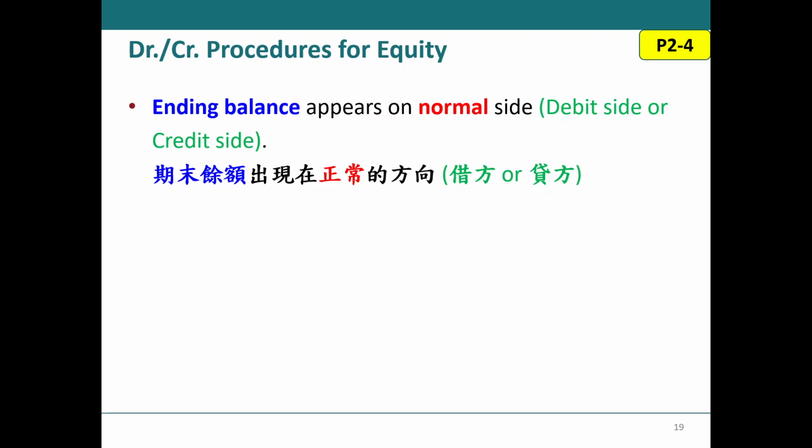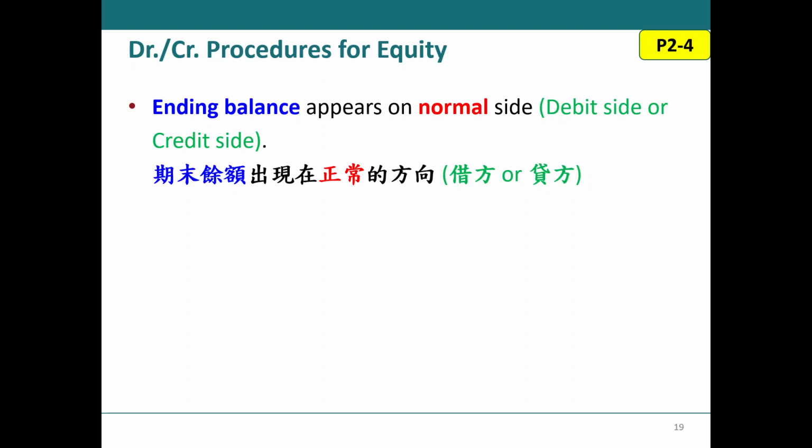It's on your slide, page 19. Another new term you have to understand is ending balance, 期末余额. What is it?